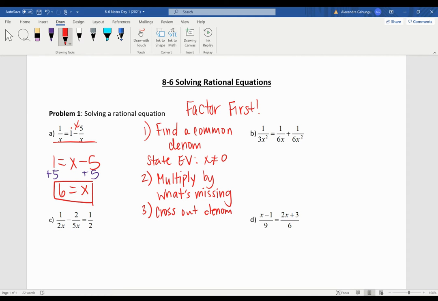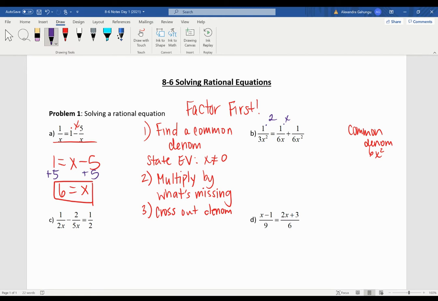Same thing here. My common denominator is going to be, it looks like I've got an x squared and 3 and a 6, so it's got to be a 6x squared. So I multiply by what's missing. 3x squared needs to be multiplied by 2 to get to 6x squared. 6x needs to get multiplied by x to get to 6x squared.